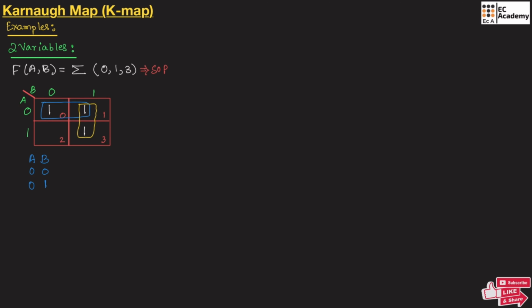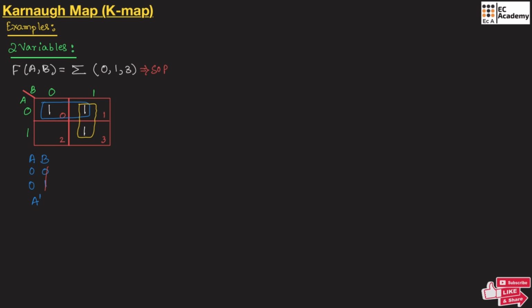Now you can cancel out the variables which have different values and keep the variables which have the same value. So you cancel out B, and the value left out is A with value 0. Since we are writing in sum of product, whenever you get 0, you need to write the complement of the variable. So you will be left with A dash after simplifying the group represented by blue color.